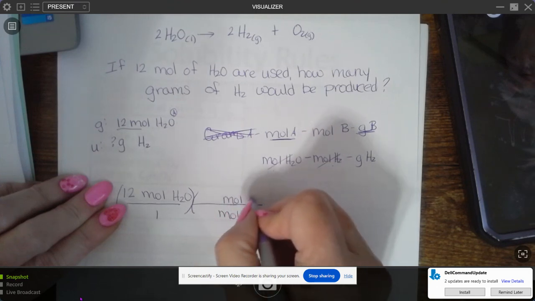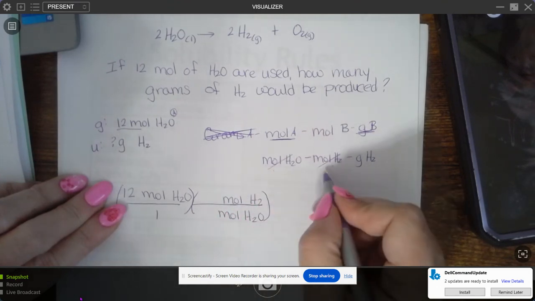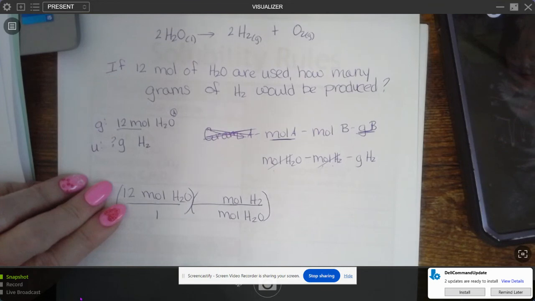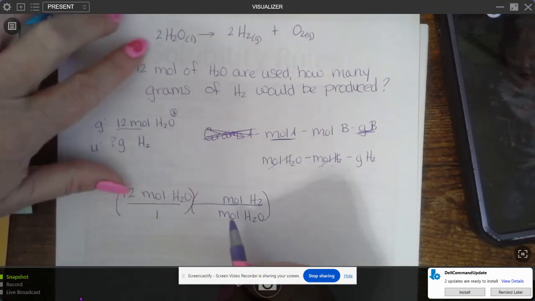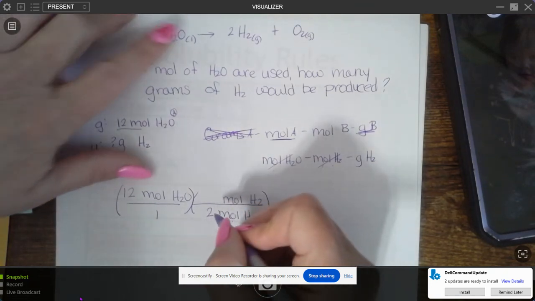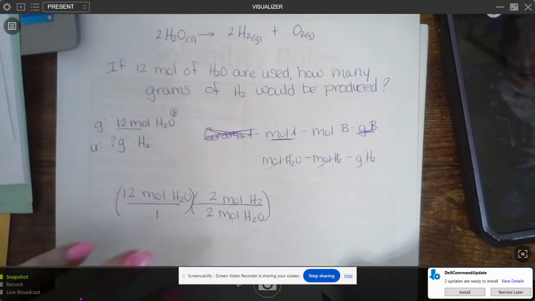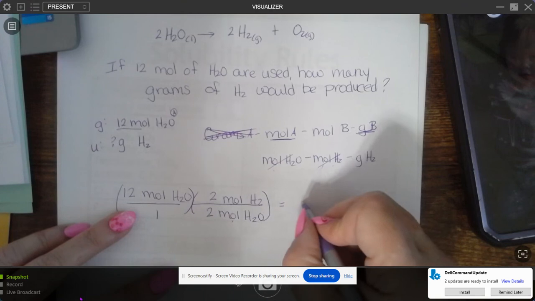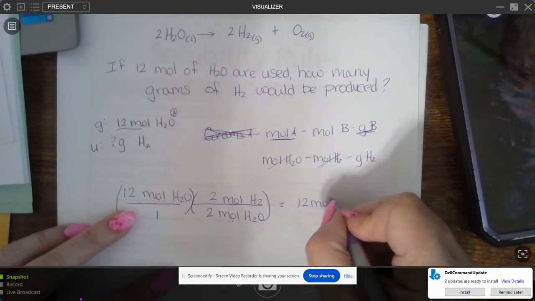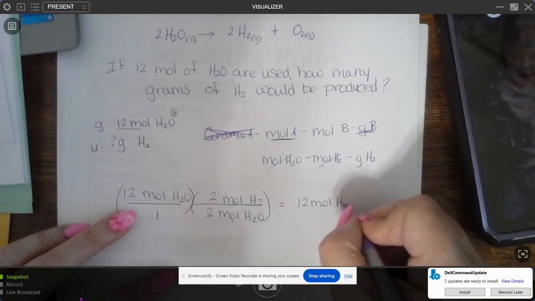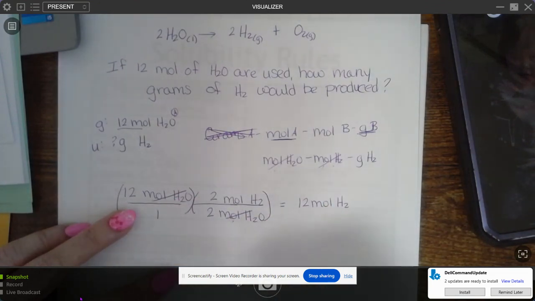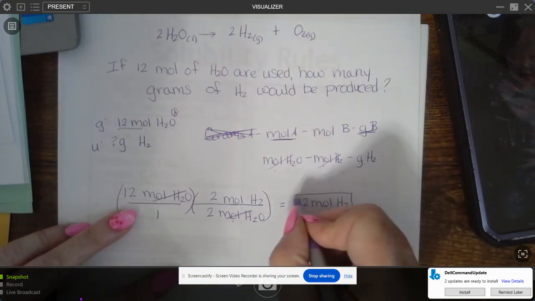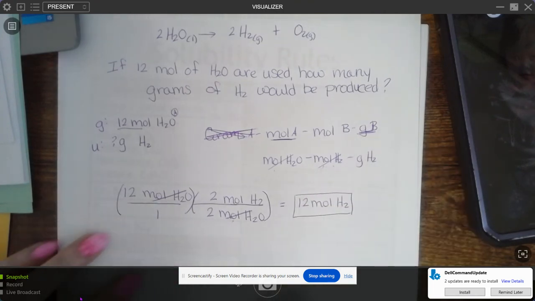So moles of H2 is where we're going in that first step. We're going to look at my balanced chemical equation because I've got the mole ratio. So 2 moles of H2O, 2 moles of H2, which gives me 12 moles of H2. Okay, units cancel. So this is the answer to my first step.